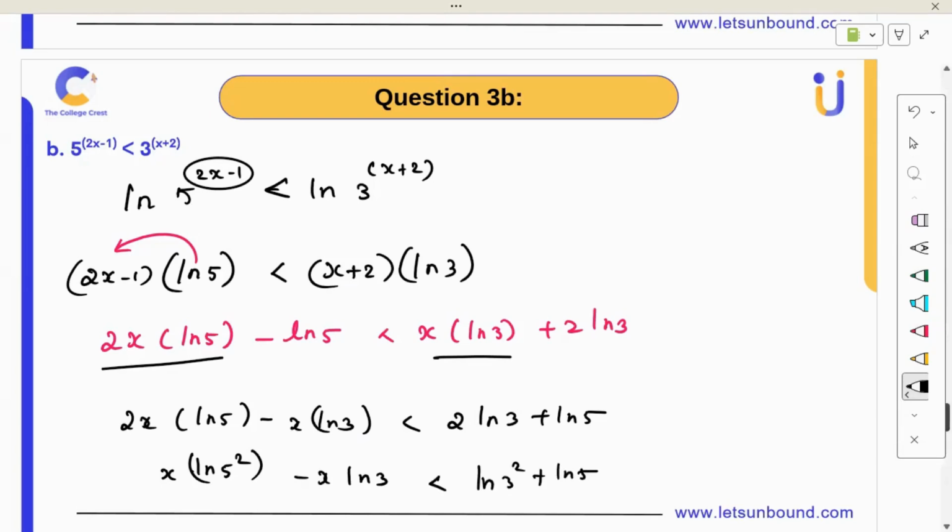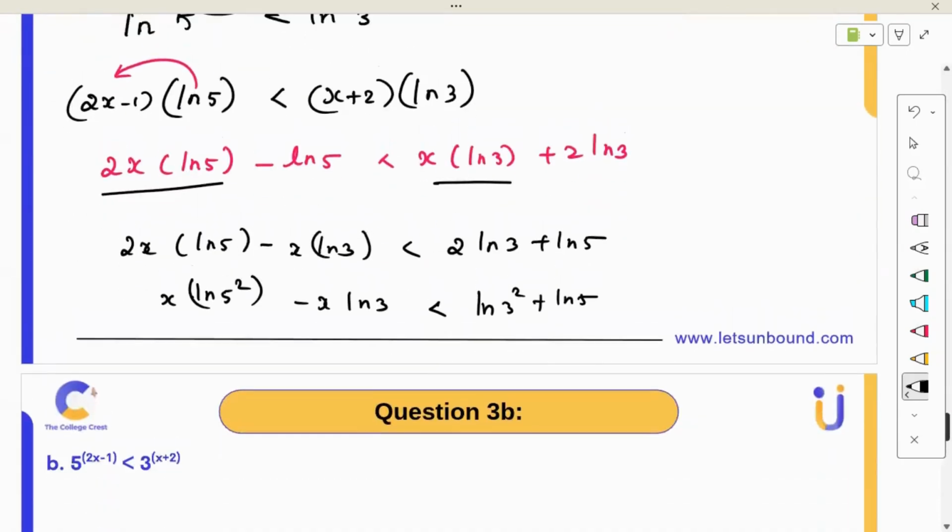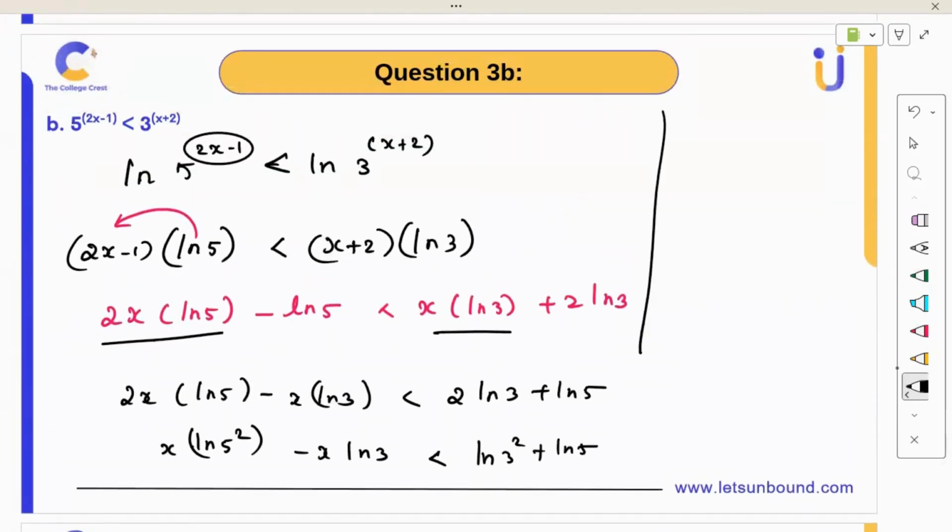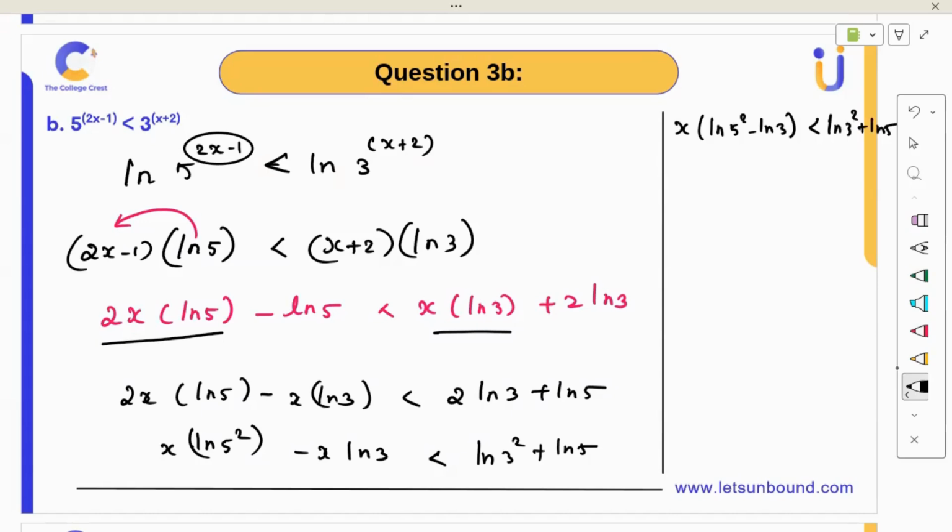So we did some manipulation using the power rule. And now we can solve it here. You can take x common out of this, and we got ln 5 squared minus ln 3 is less than... So ln is added, so using the product rule, ln 3 squared plus ln 5. So x is less than ln 3 squared plus ln 5 divided by ln 5 squared minus ln 3.